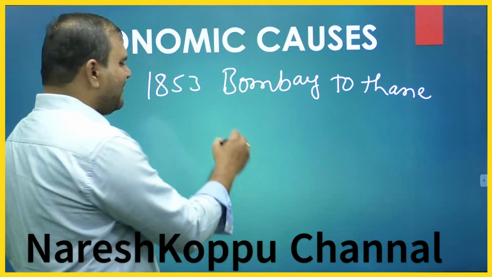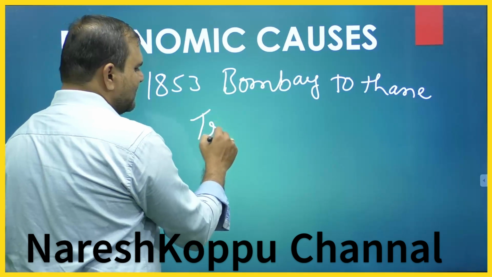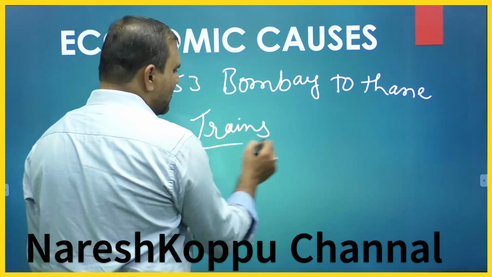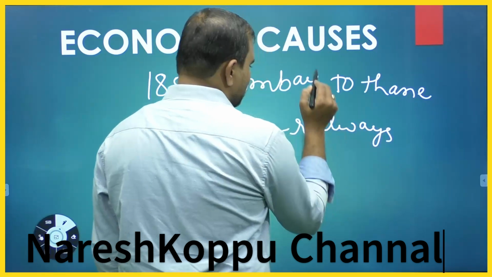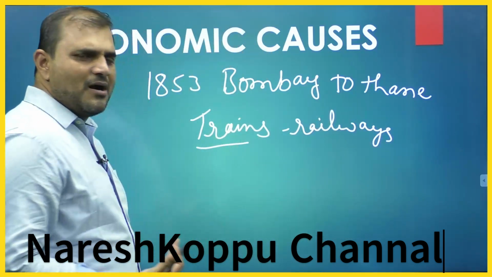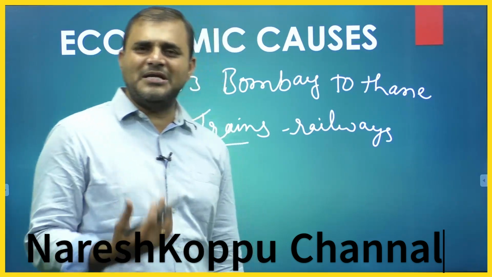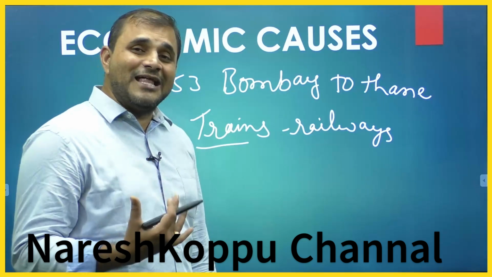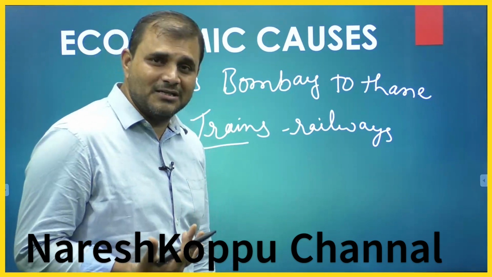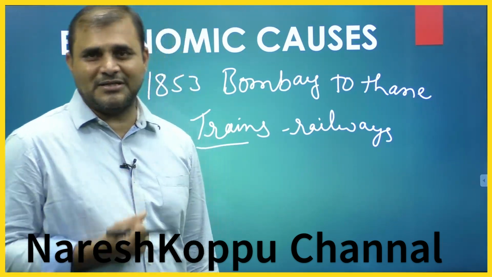Before the introduction of trains, we used bullock carts. Bullock cart speed is very slow, so they needed more time to transport cotton. That's why Indians could get raw material.